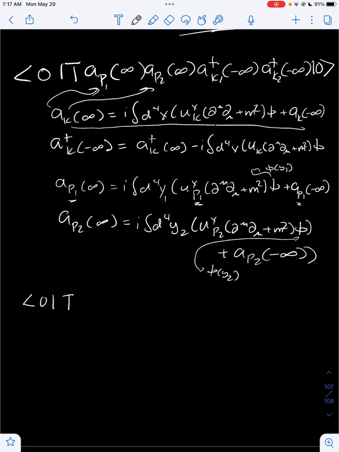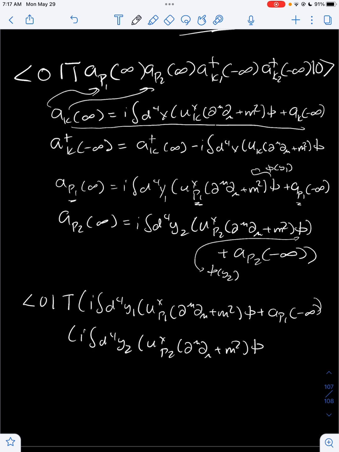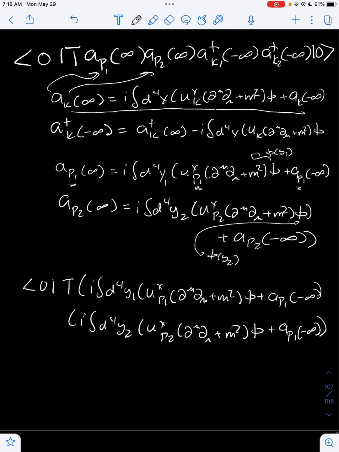And by plugging them in, we're going to have T of, then i integral of y1. This should be a phi of y2. I'm going to omit that for now, for clarity's sake. And then multiply by a conjugate k1 of minus infinity, a conjugate k2 of minus infinity, acting on the vacuum state.